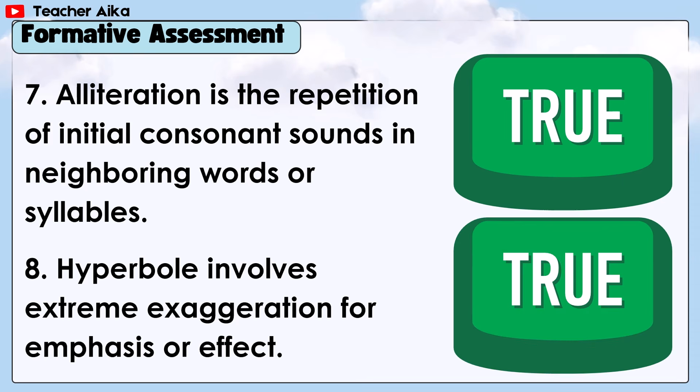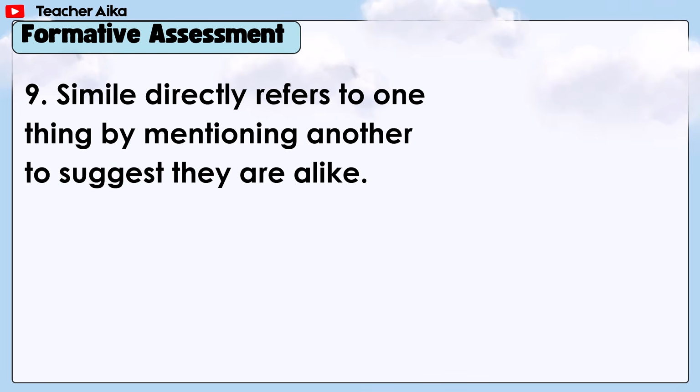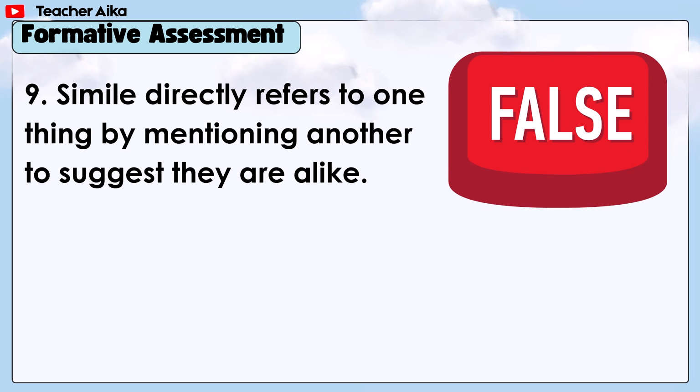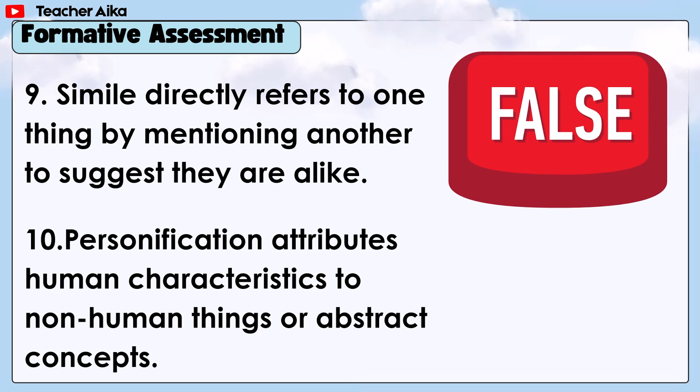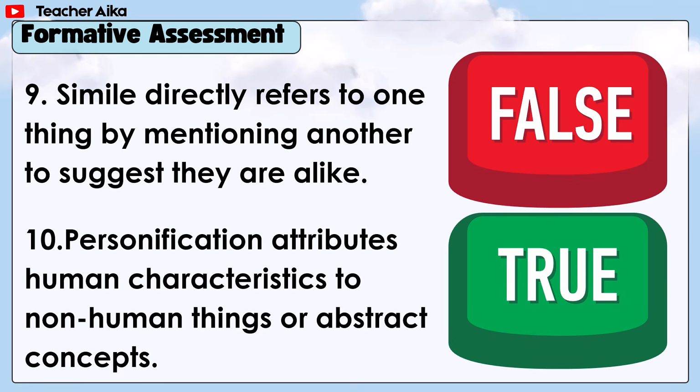True. 9. Simile directly refers to one thing by mentioning another to suggest they are alike. Answer. False. 10. Personification attributes human characteristics to non-human things or abstract concepts. Answer. True.